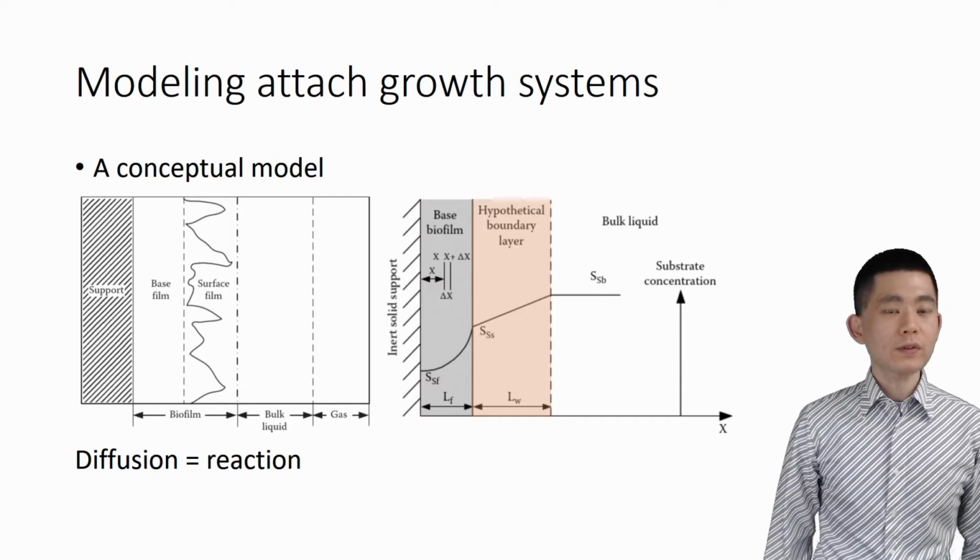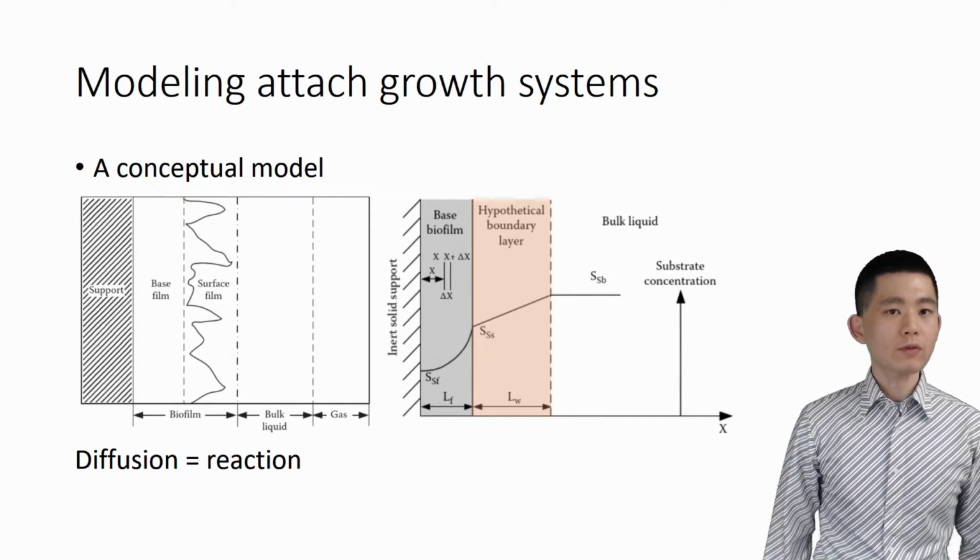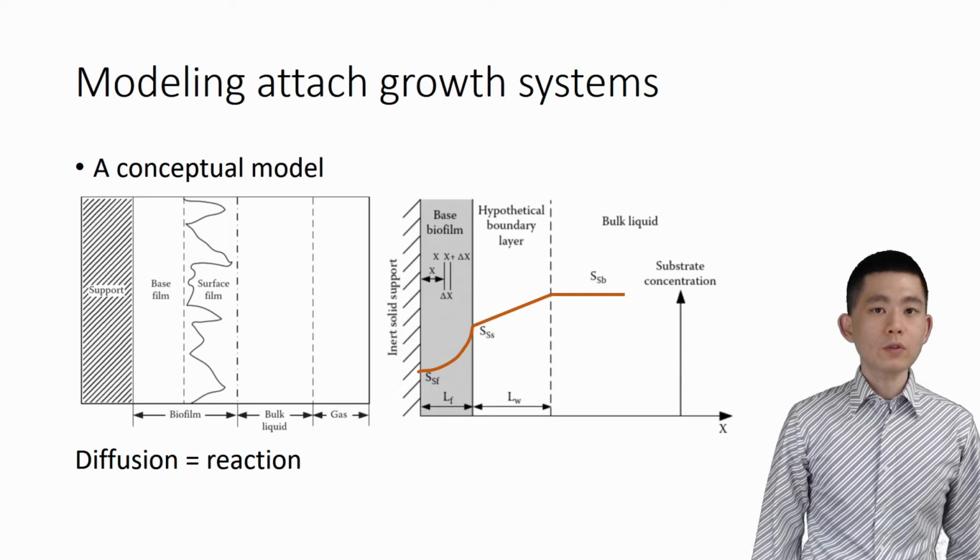Outside of the surface is a hypothetical boundary layer or stagnant surface layer, in which there's no biomass and no convection. The mass transport in the boundary layer is diffusion. The most simple model assumes only one species in the biofilm with one substrate with a bulk solution concentration of S sub Sb.